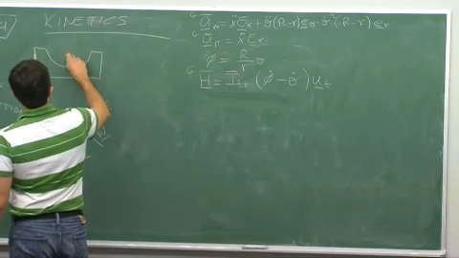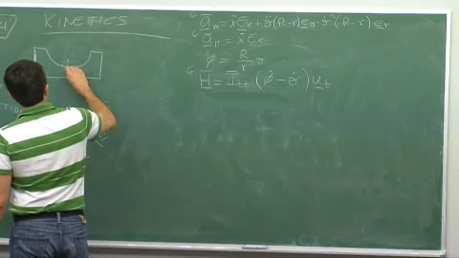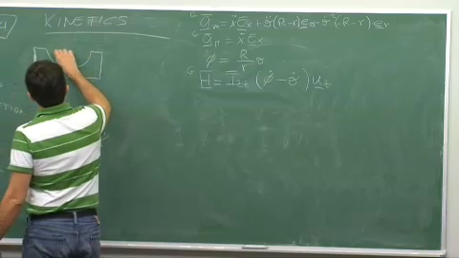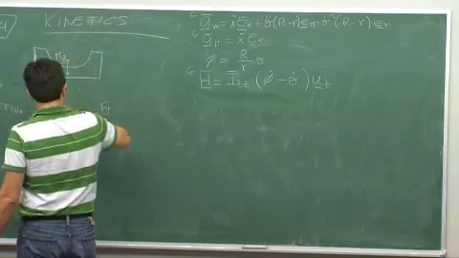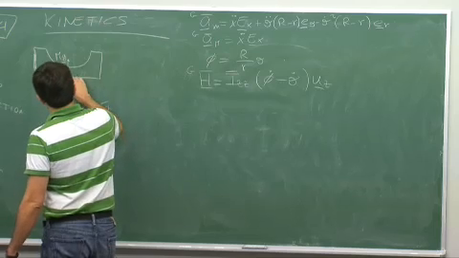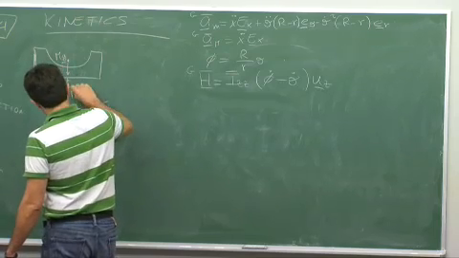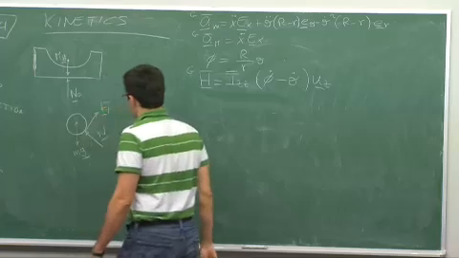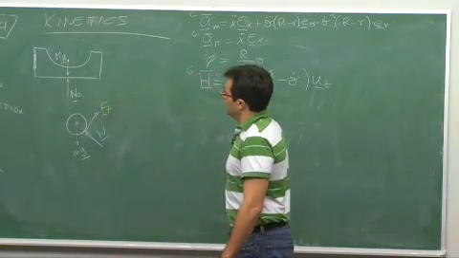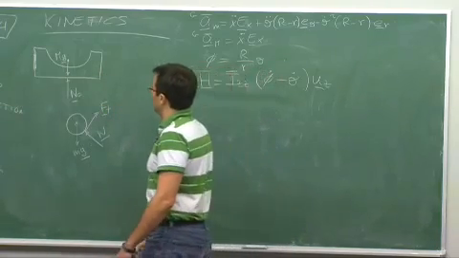This other object has gravitational force applied somewhere at its center of mass, mg. Some reaction, let's call it ng, to indicate that that's from the ground. And that's it, there is no friction from outside.